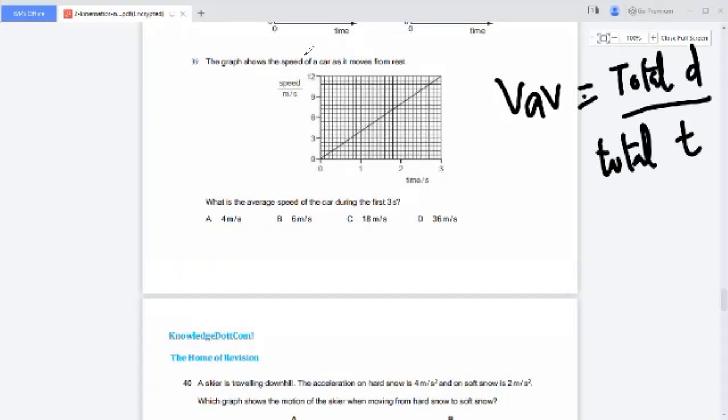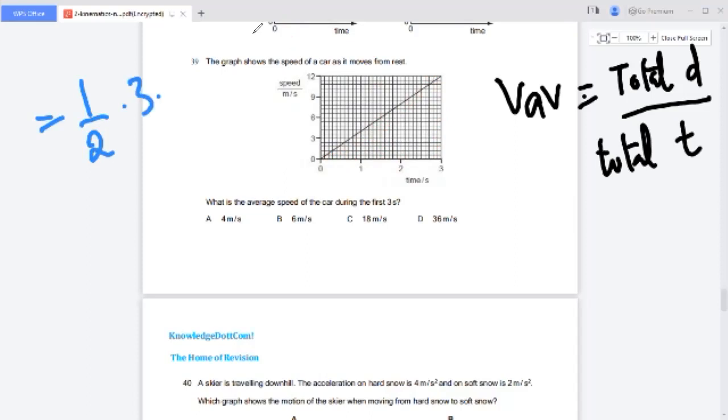For total distance, the area under the graph is actually the area of this triangle. It's a right angle triangle, so we can calculate the area of the triangle, simply 1 by 2 base into height.